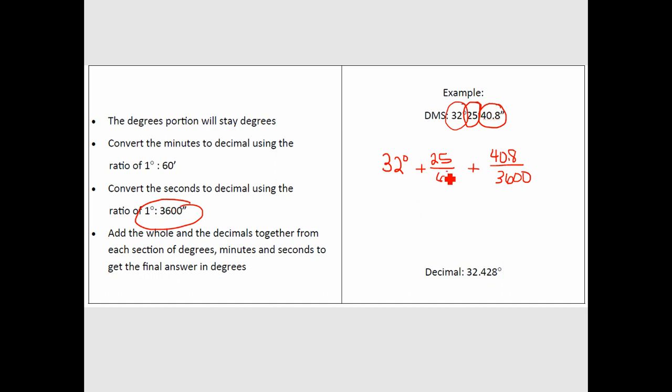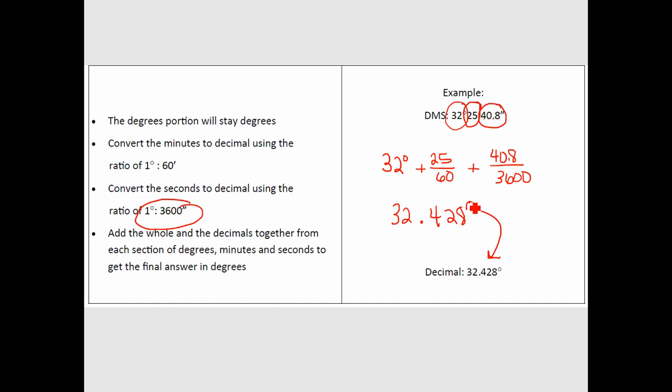So now if I go to my calculator and I type in what's 25 divided by 60, well, it's going to be some decimal, right? Well, that's 0.416666 repeating. But if I type this all in at one time, 32 plus that fraction, and you should be able to type that in your calculator with parentheses around it if you have a graphing one, okay? 25 divided by 60 plus 40.8 divided by, use your parentheses buttons, 3,600, you end up getting 32.428, which is what we started with the first time when we converted it back, okay?